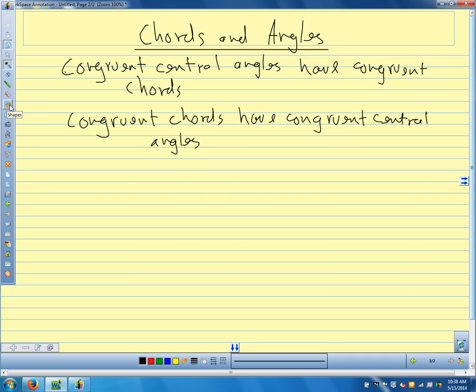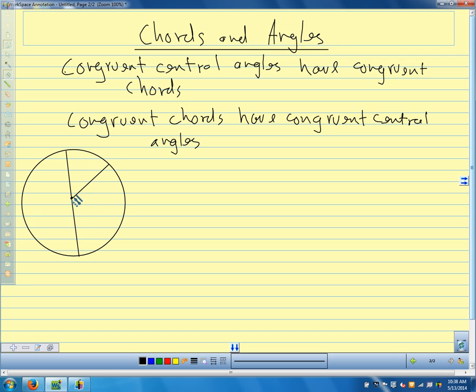So our picture here looks like the other one, except we have our chords in there. So here are my central angles. And we have center at O, A and B, C and D. And let's draw in our chords.